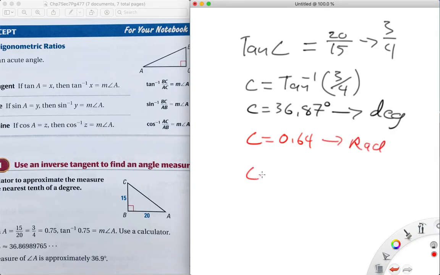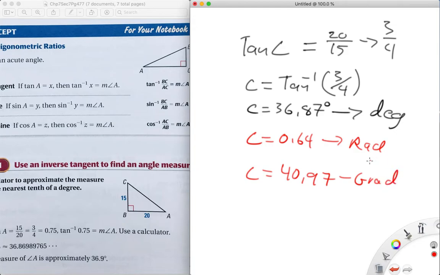And if I was in gradients, my answer would be 40.97.